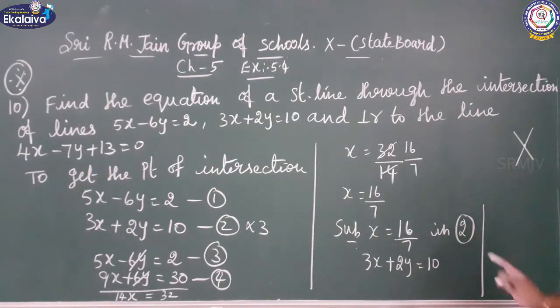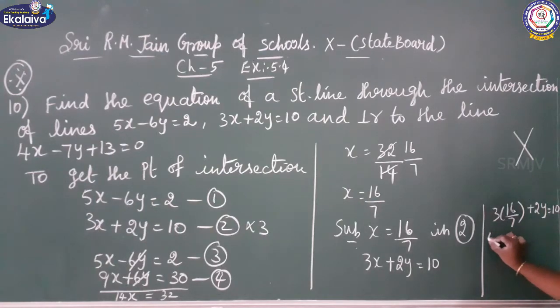See here, 3 into the x value 16 by 7 plus 2y equal to 10. 16 3s are 48 by 7 plus 2y equal to 10.